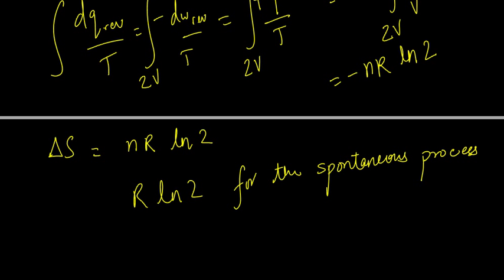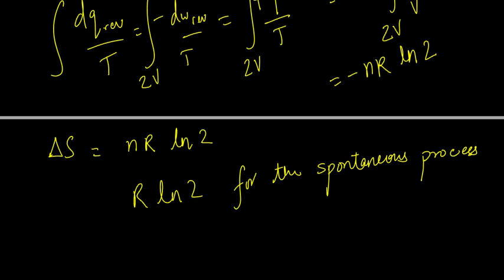This stands for the twofold increase in volume. Temperature is constant. We will come to the temperature part. I'll show you how entropy changes with temperature after some time. Well, you already know, some of you have already solved it.